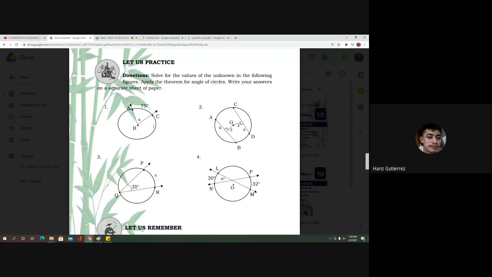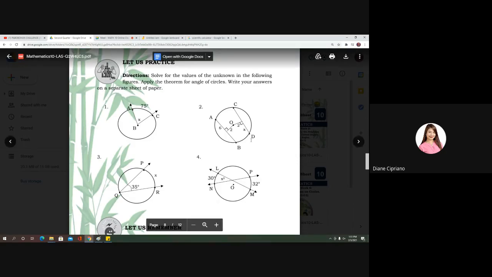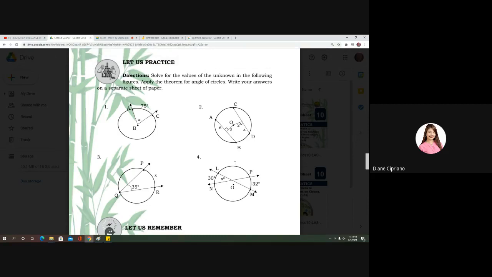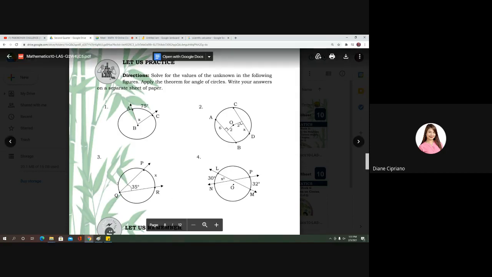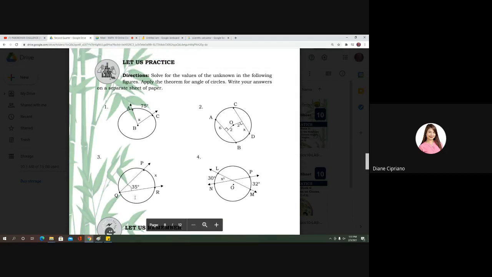How about our number 2 example? What is the value? Yes, Angel, very good. It is 6. How about number 3? What is the answer? Angel again? 70. Yes, very good. It's 70 because 2 times 35 is 70. How about number 4, inscribed angle?